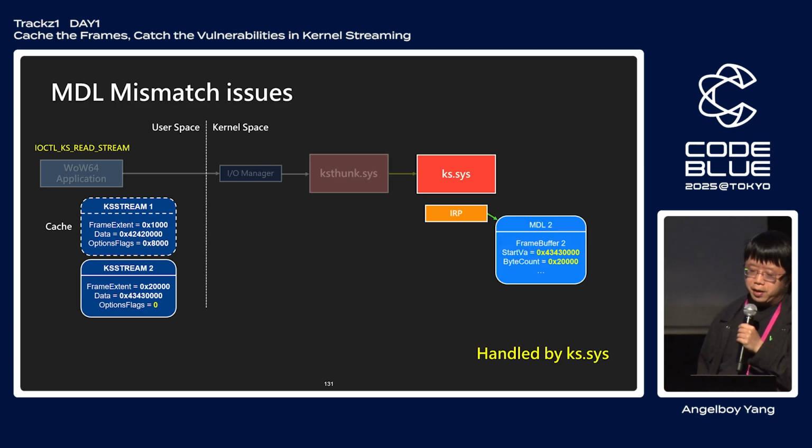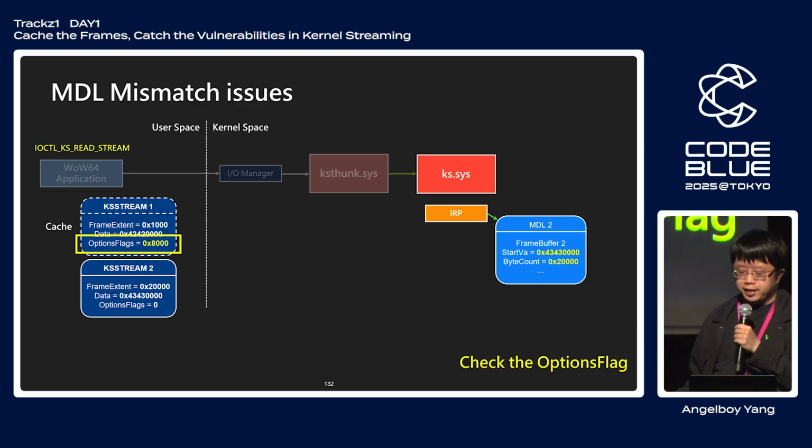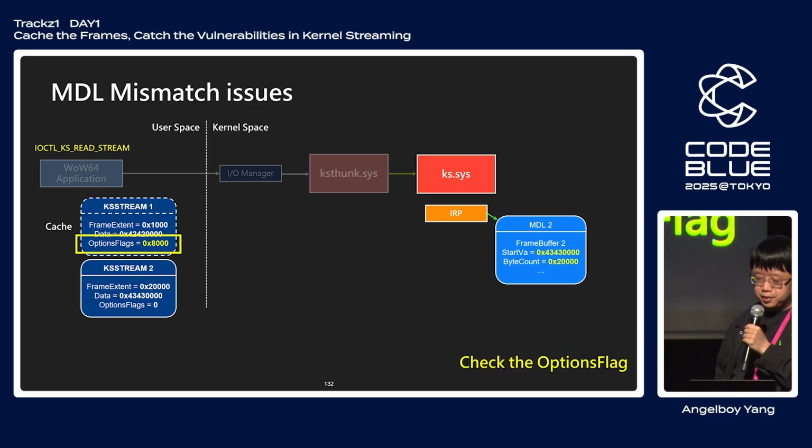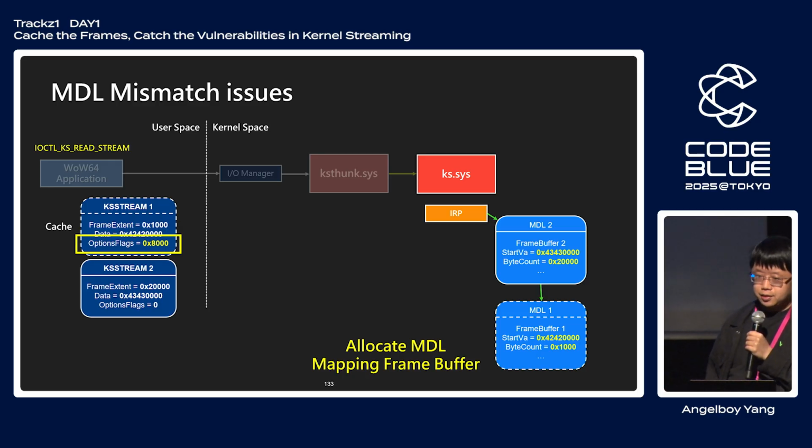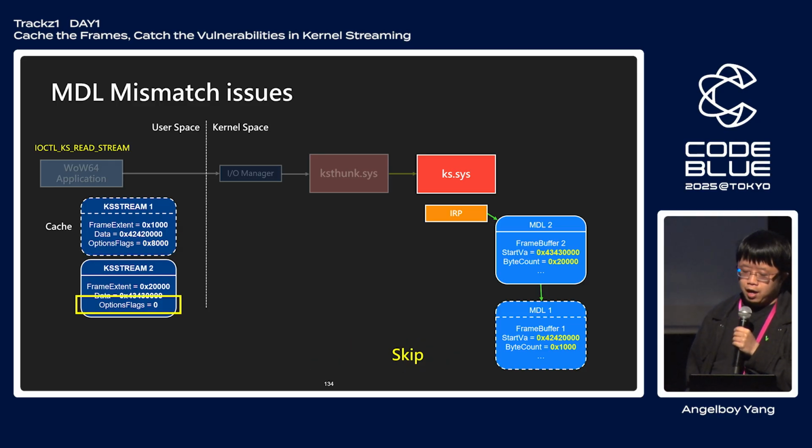Next, the IRP is passed down to case. At this point, case checks the option flag again. For the first frame, since it has the cache flag, it will allocate an MDO and map a frame buffer, and then insert it into the MDO chain. For the second one, the cache flag is not set, so it will skip the allocation.